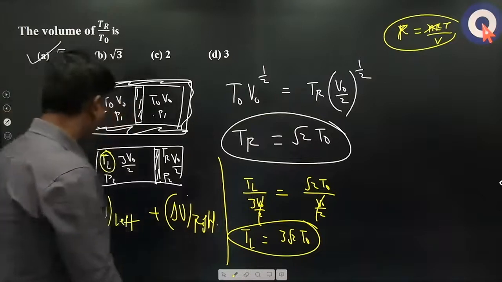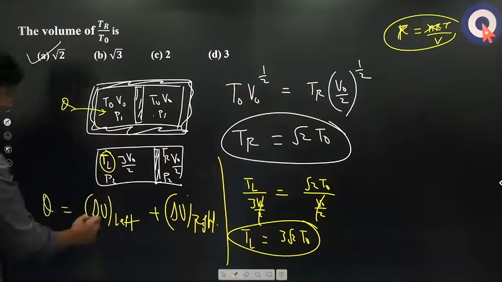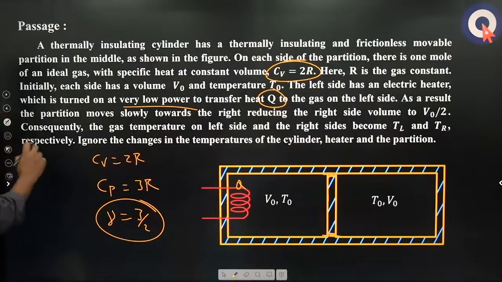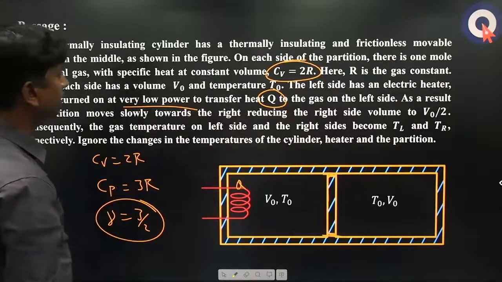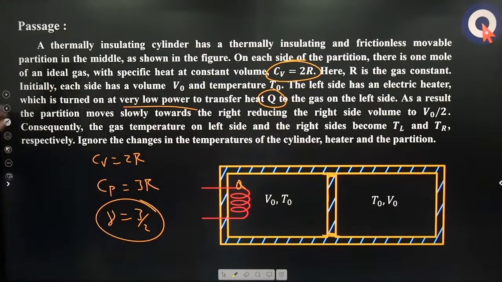Now delta U of the left is n Cv delta T. Both sides, what is the nature of the gas? Here you have taken 1 mole of an ideal gas only, right? Just 1 mole of an ideal gas is told.